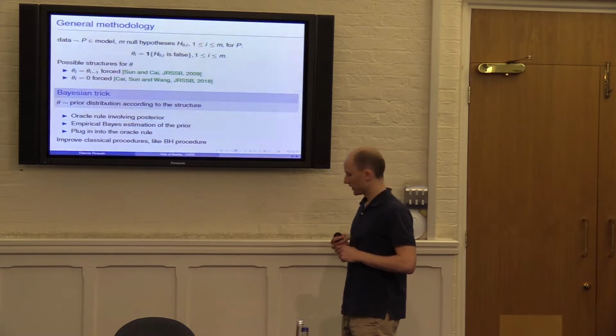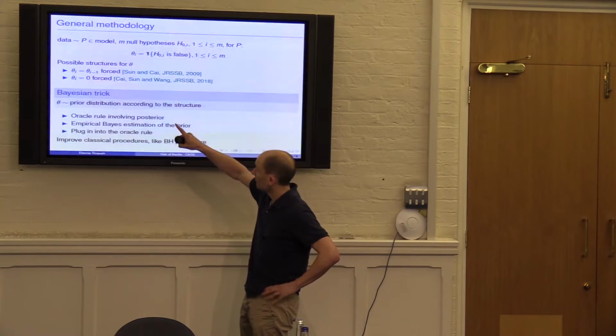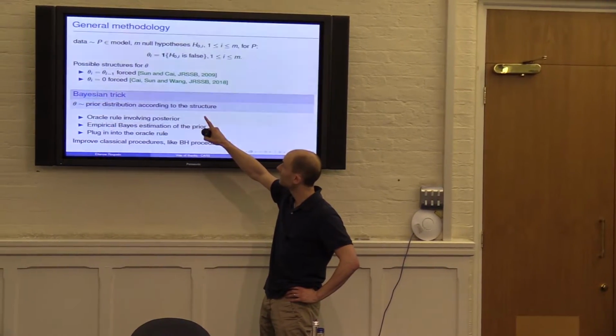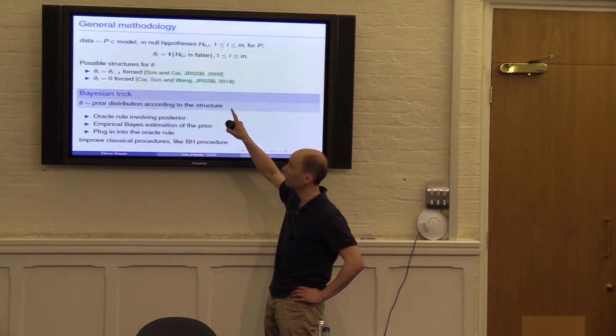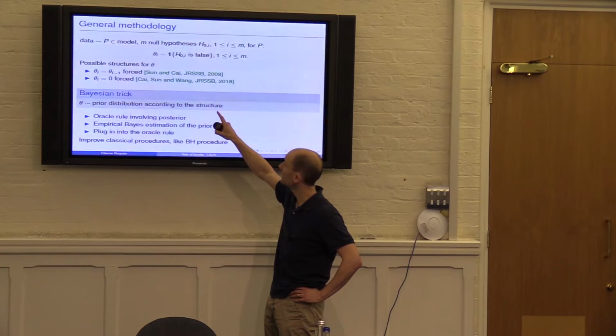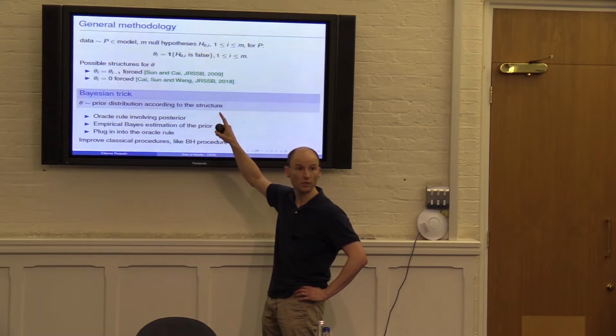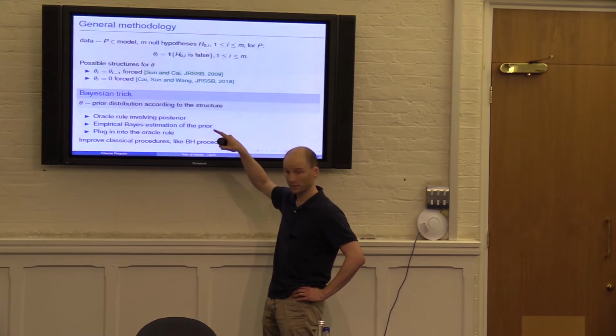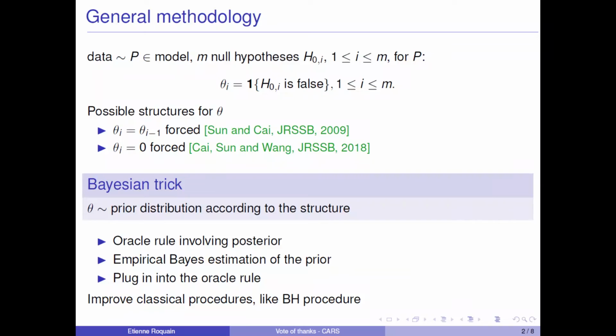Imagine you have some data generated with some true P in a model, and you have M null hypotheses for P, okay? So you have M null hypotheses. And theta_i codes for the truth or falsehood of the null hypothesis. So theta_i is equal to 0 if it is true.